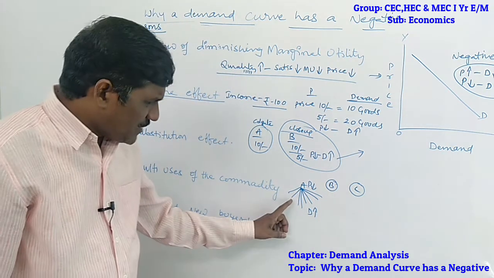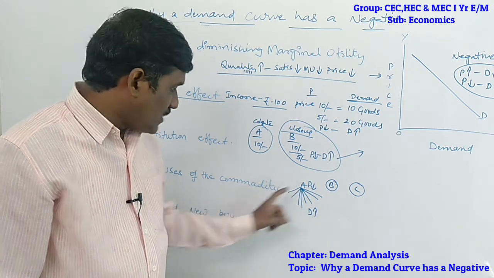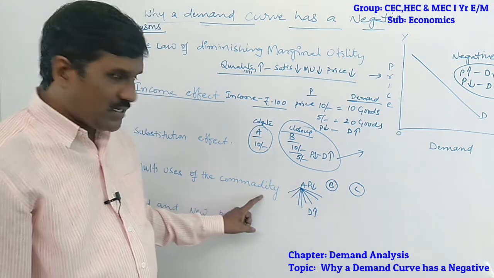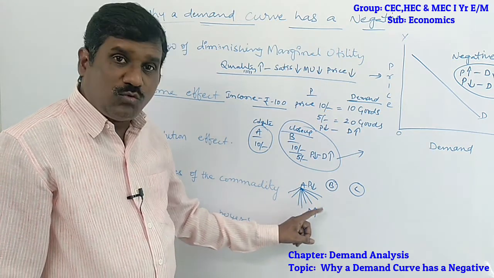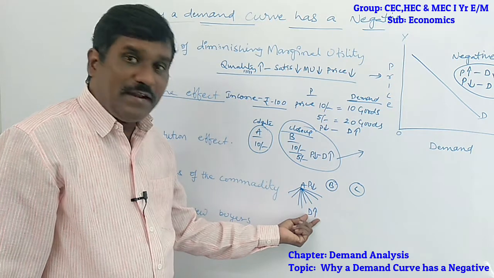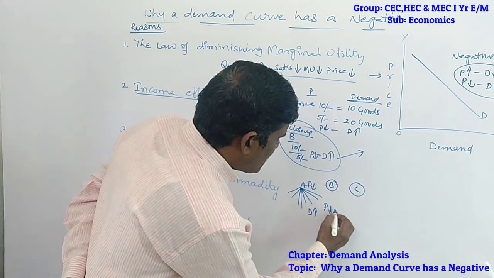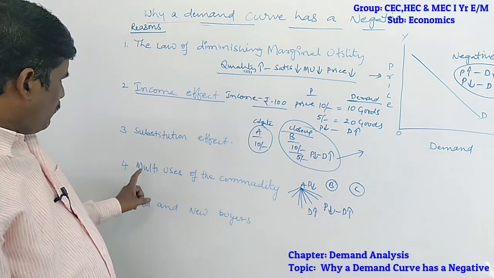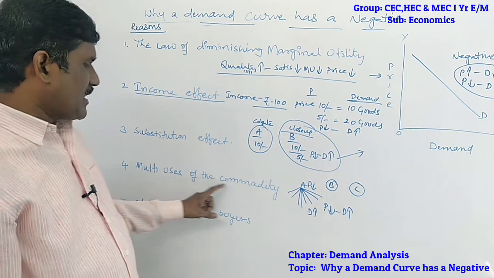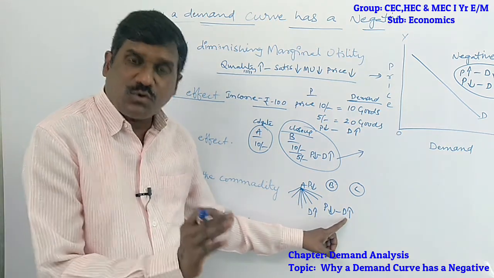Why? It is multi-purpose use. To use the multi-purpose, most of the people can use the multiple uses of the commodity. So when the price decreases, the demand for that good increases. Which good has multiple uses, when its price decreases, the demand for that good only increases.